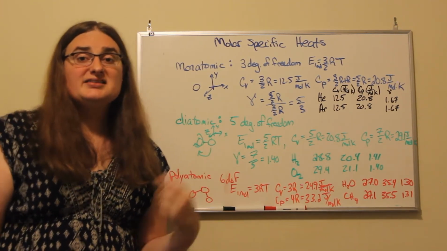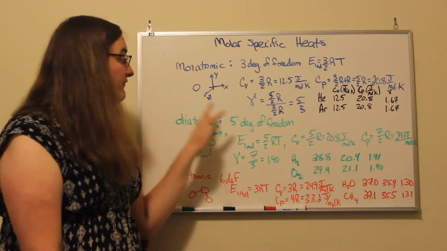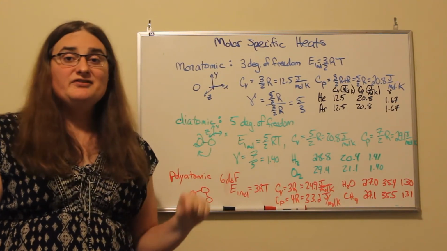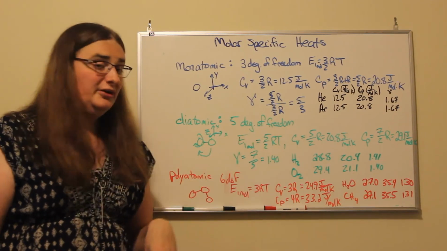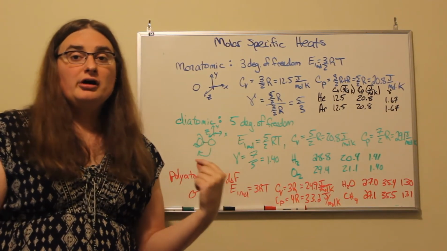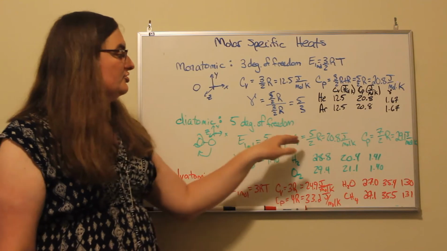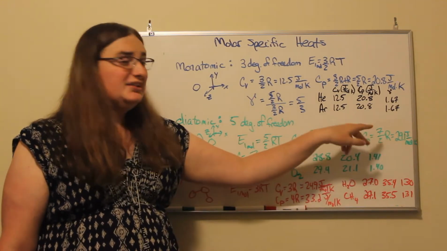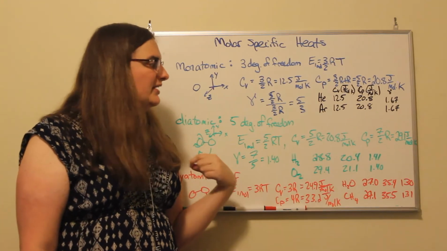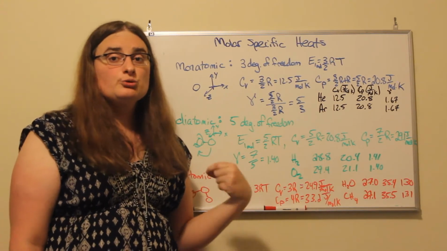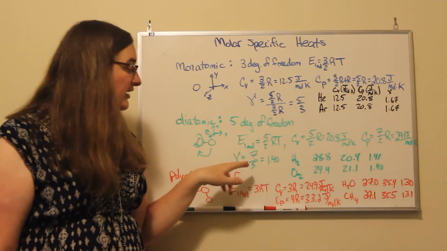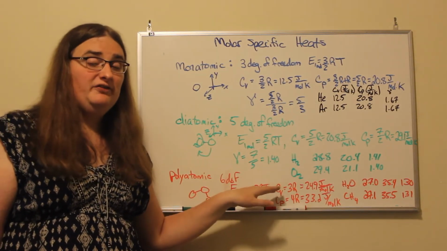They have the exact same moment of inertia, so we have 5 unique degrees of freedom. So we'd expect to have 5/2 times R times the thermodynamic temperature for our energy per mole, so C sub V should be 5/2 R, and C sub P should be 7/2 R, which would be 29.1 joules per mole Kelvin, and gamma would be 7/2 R over 5/2 R, or 7/5.